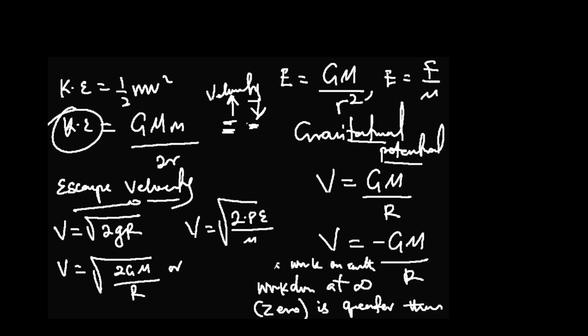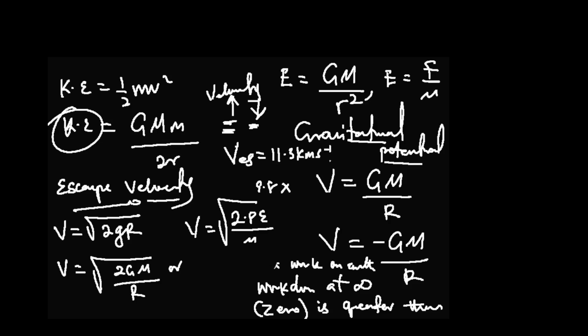But if you launch this body with a velocity called escape velocity, for example, if I come down to this equation and I replace the g with 9.8 and I replace the radius with the radius of the earth, my result will be about 11.3 kilometers per second.